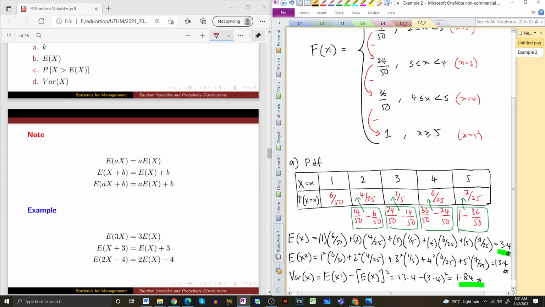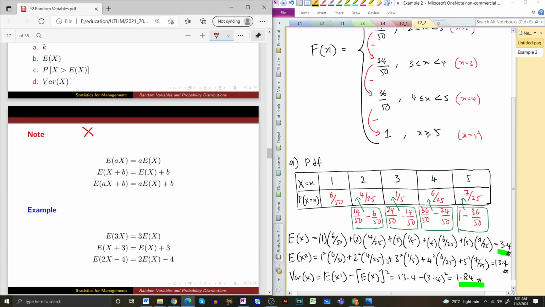Now let us look at something we call coding. Let's say you have data x here and you have the probability. You will find the expected value and you will get E(X). But let's say each data is multiplied by a.